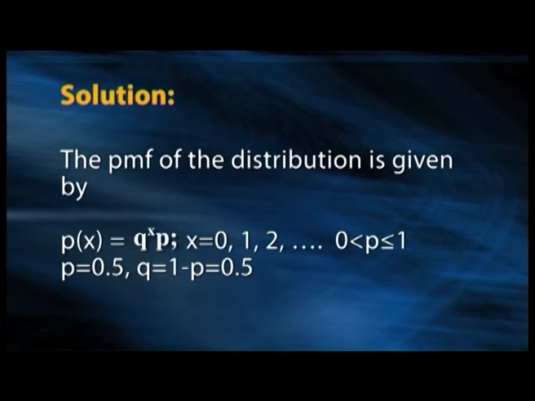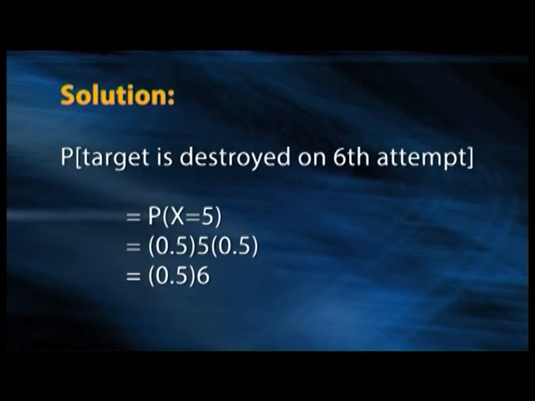We have p is equal to 0.5 and q is equal to 1 minus p, which is 0.5. The probability that the target is destroyed on the 6th attempt, that is 5 failures, is P(X equal to 5), which is 0.5 power 5 into 0.5, equal to 0.5 power 6.